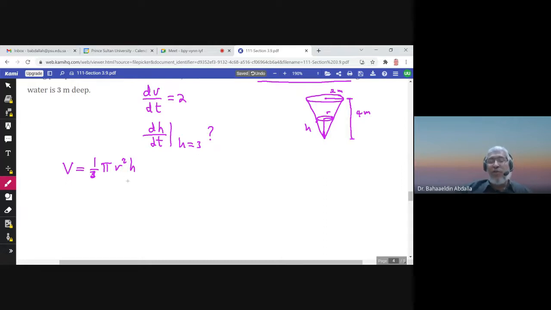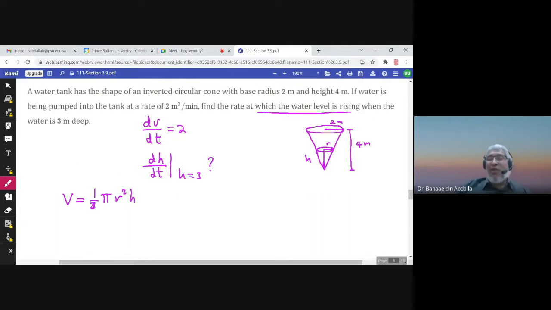But look at the formula, look at the equation. I have V, r, and h, three variables. And these three variables are changing with respect to time. The radius of the water is changing, h, the height of the water is changing, the volume of the water is changing. But in the question, he gave me dV by dt and he asked about dh by dt. So I know nothing about dr by dt.